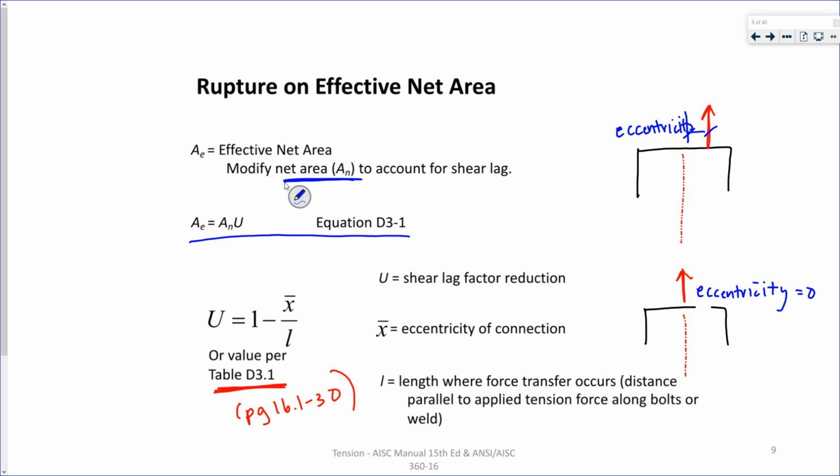If you have a really, really short connection, that number increases and your shear lag factor will be less than 1. So shear lag factor is less than or equal to 1, right?